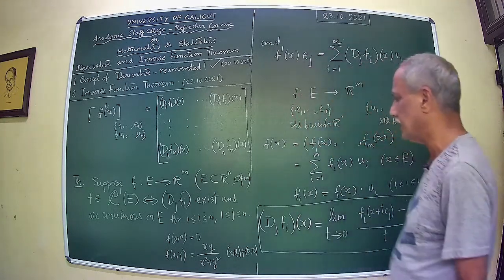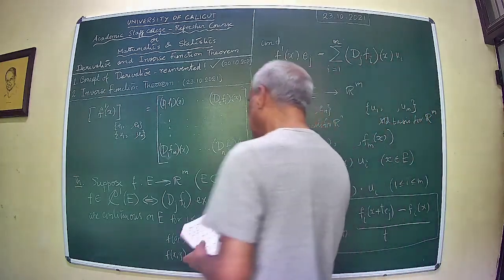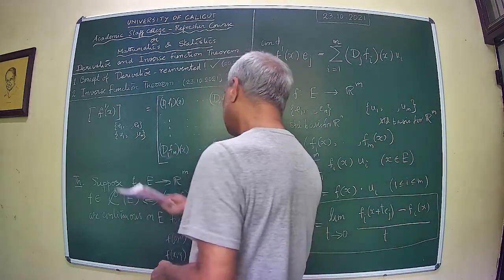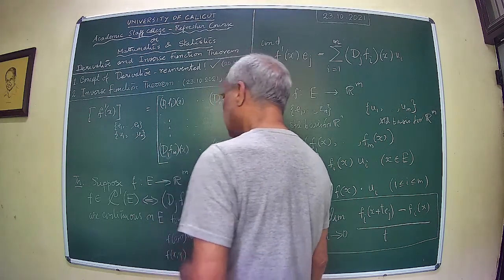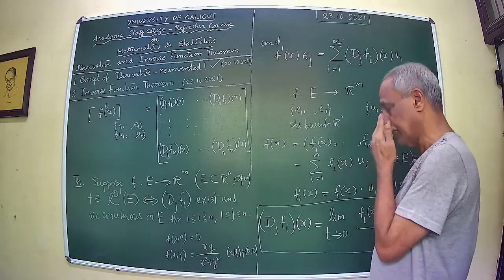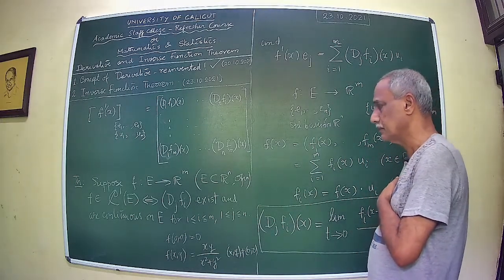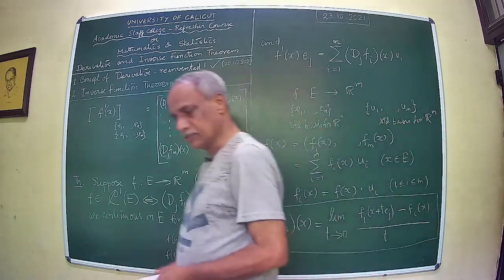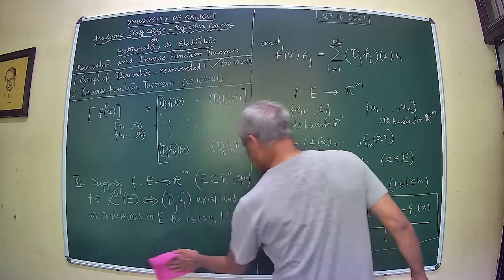So you see that there is a problem regarding the existence of the derivative, because along the radial directions it doesn't exist. That's the problem. So the function is not differentiable at 0, 0. Okay, so we will look at this.